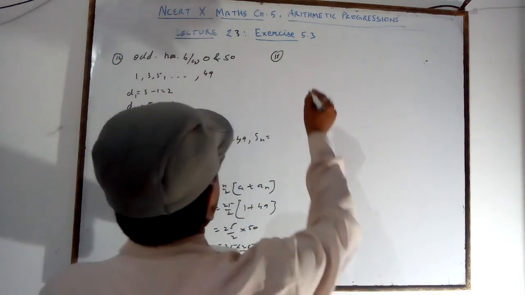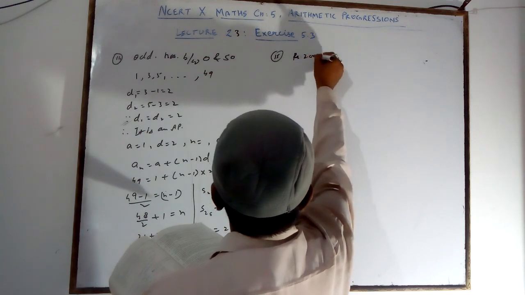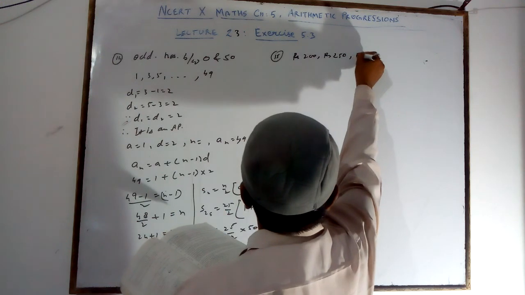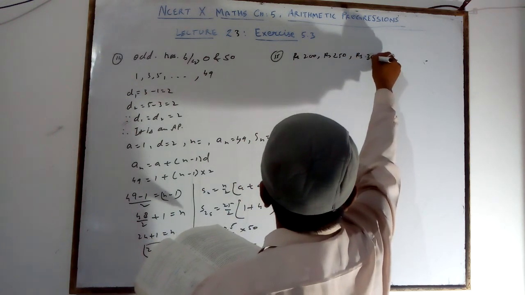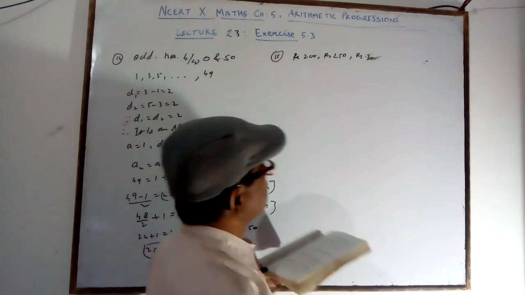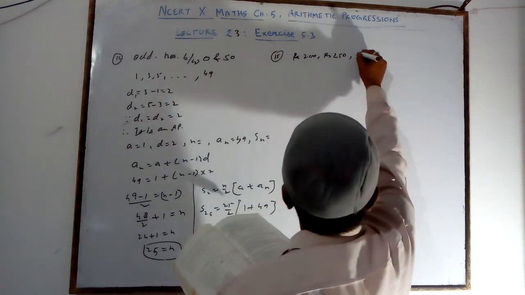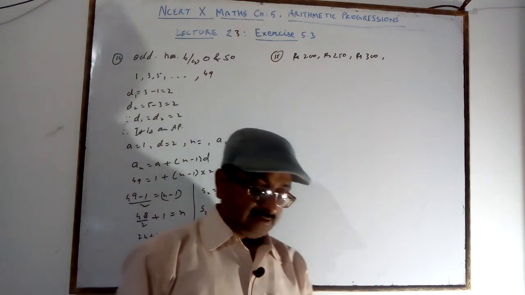It is the late payment for the work of construction: rupees 200 the first day, rupees 250 the second day, and rupees 300 on the third day.